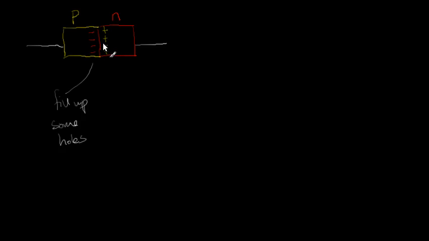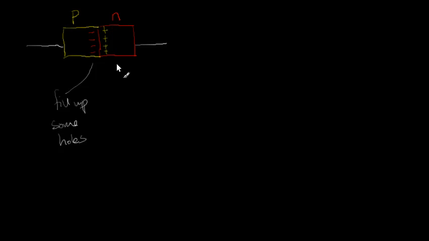This will still try to diffuse to here, but it would be continually pulled and balanced by the attraction. So what happens then is that we would have a layer of a certain thickness of negative charges here and positive charges here.